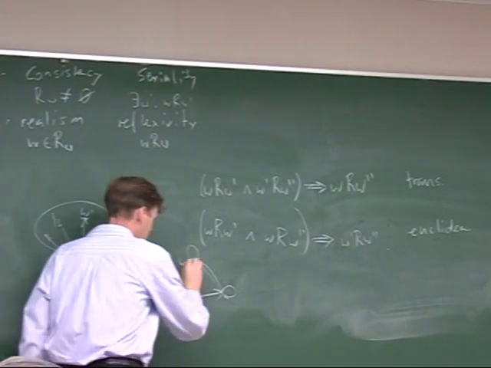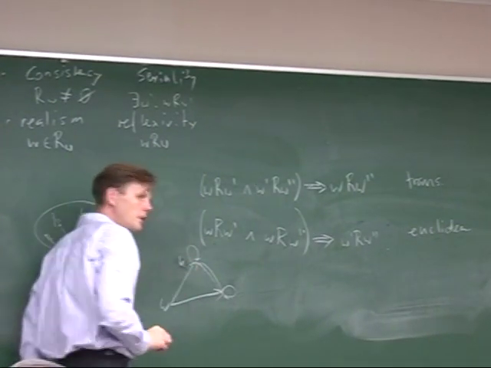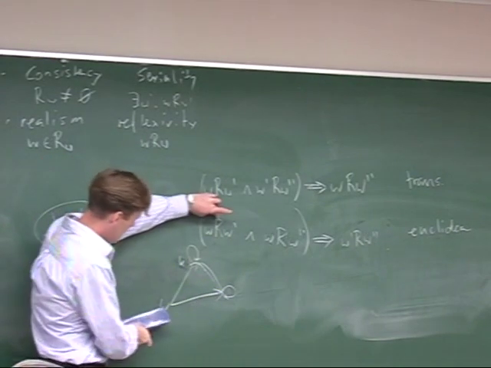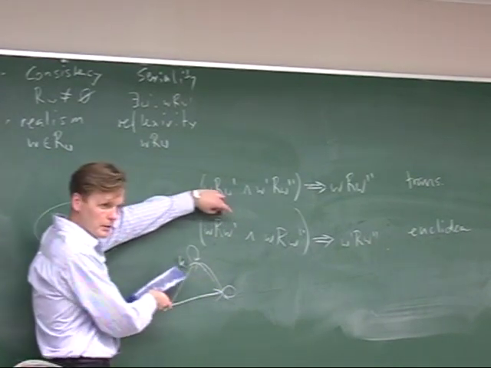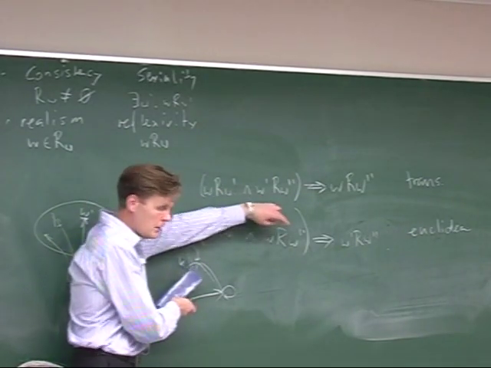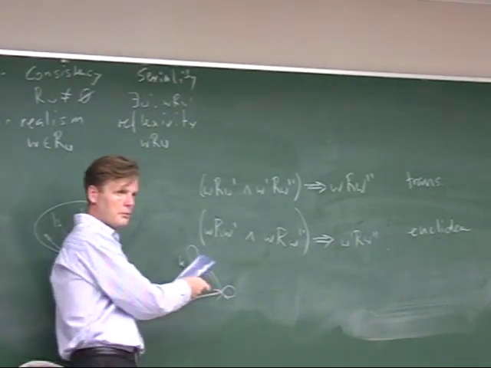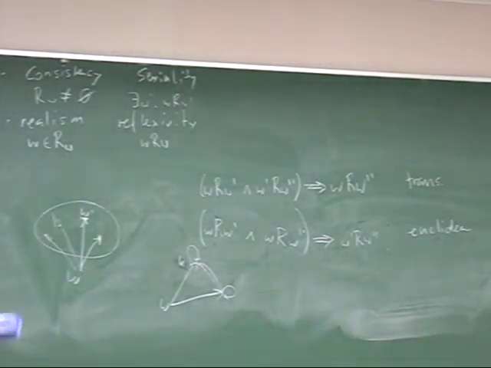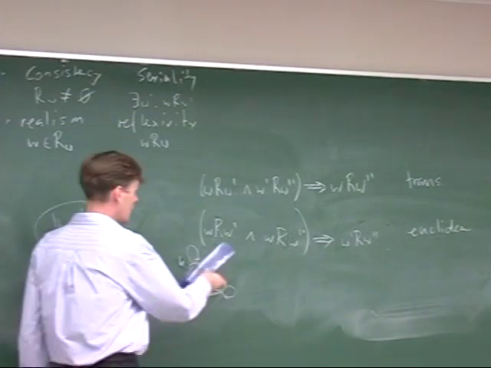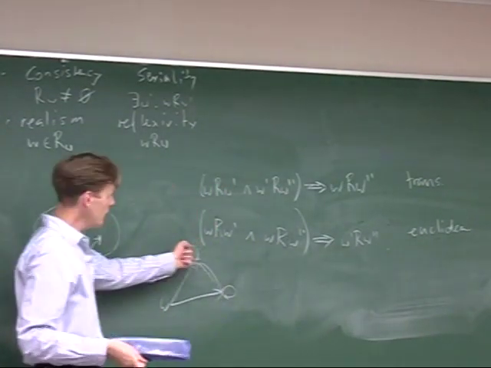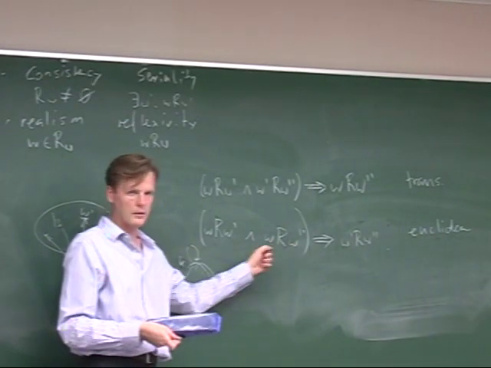Let this be your world v: you have wRv, v being your double prime, and you have wRv, so therefore you must have vRv, right? Because you have to remember that these two, w prime and w double prime, in this definition, they don't need to be distinct.